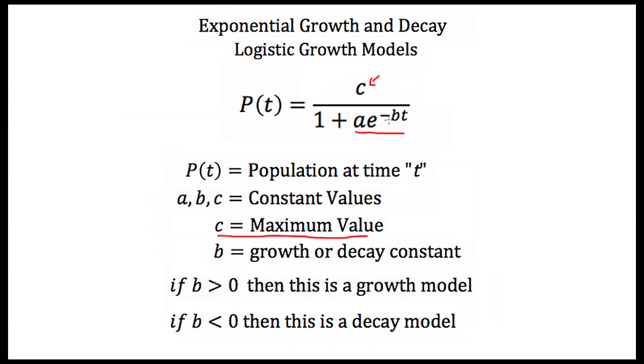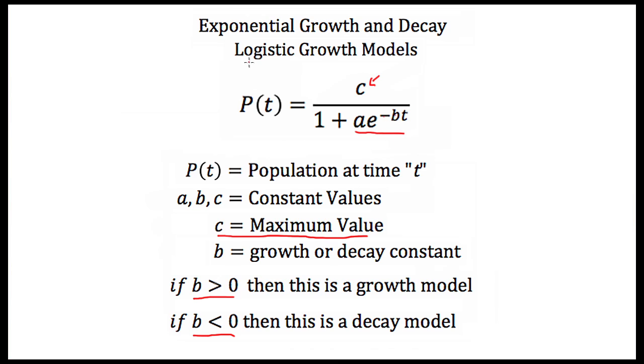b is your growth or decay constant, and since we have this negative out front, even though this is in the denominator, if b is greater than 0, then this is going to be a growth model. If b turns out to be negative, you'll have a negative times a negative, and this will become positive, but again, because this is in the denominator, this becomes a decay model if b is negative.